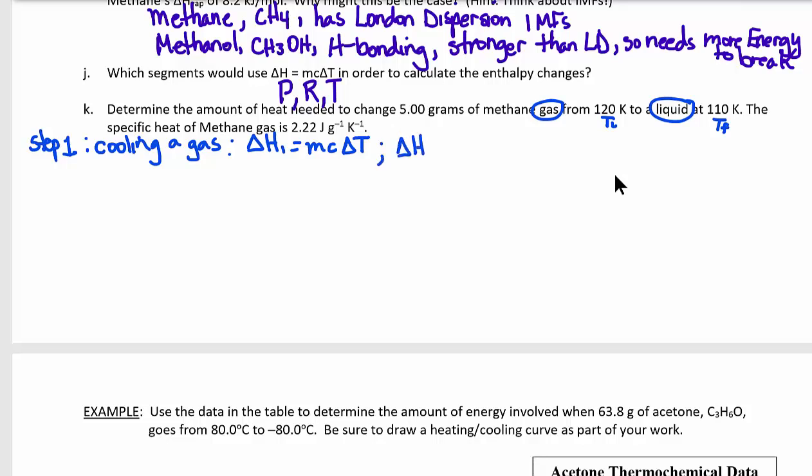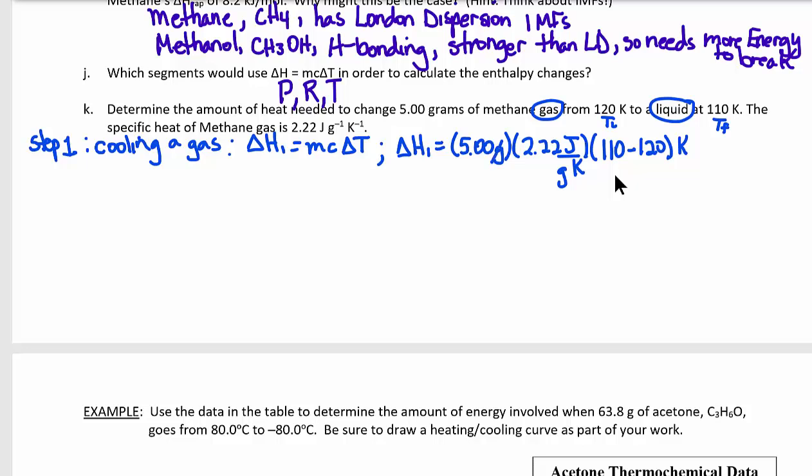So the delta H for step 1 will be the mass of methane, which is 5 grams, times the specific heat of methane, which is 2.22 joules per gram Kelvin, times the change in temperature, which is the final temperature, 110, minus the initial temperature, 120, and those units are in Kelvin. I'm going to cancel out my units here.